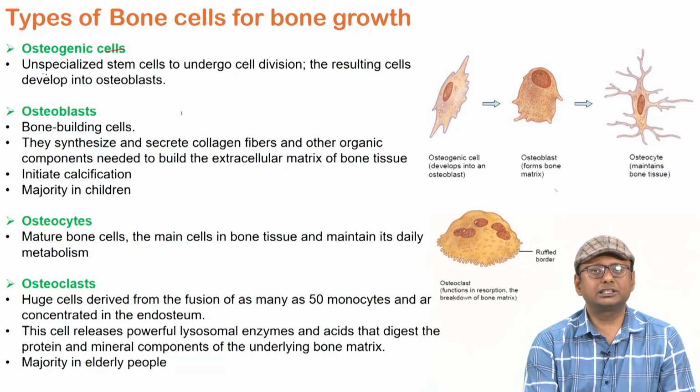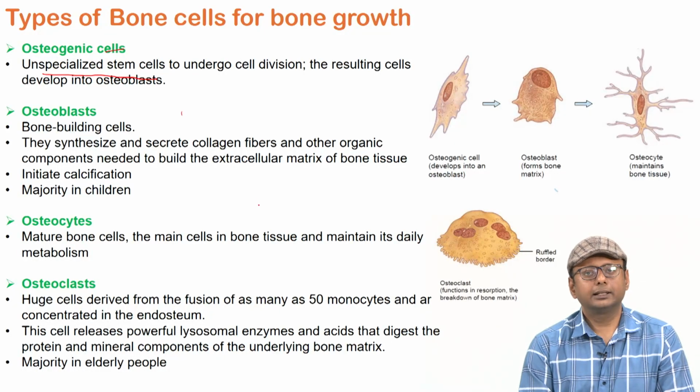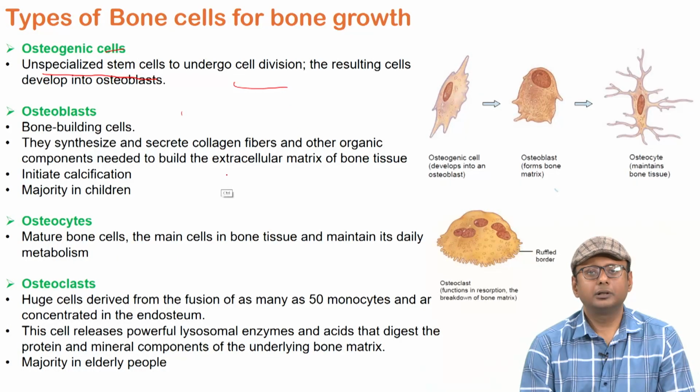So these are unspecialized stem cells that undergo cell division, resulting in the formation of the osteoblast. Osteogenic cells are a type of stem cell, and when they go through differentiation and division, they form osteoblast cells.